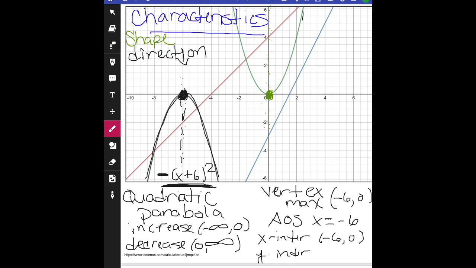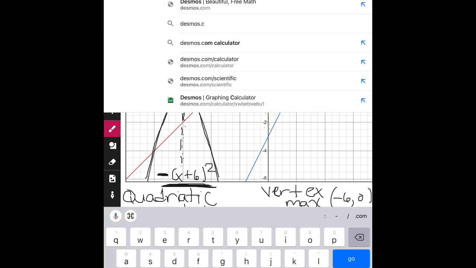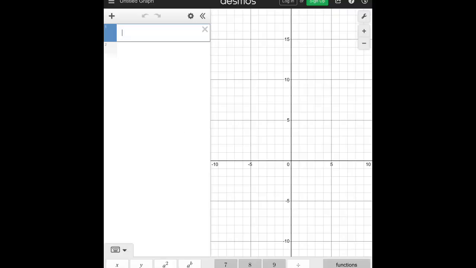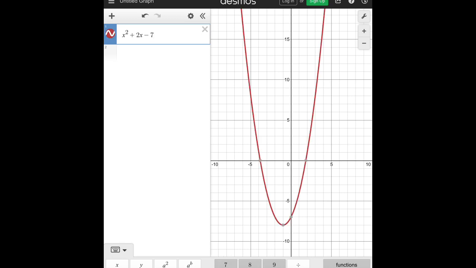Now I do want to show you one more type of graph for quadratic, because this is missing something. So another type of graph. All right, here we go.